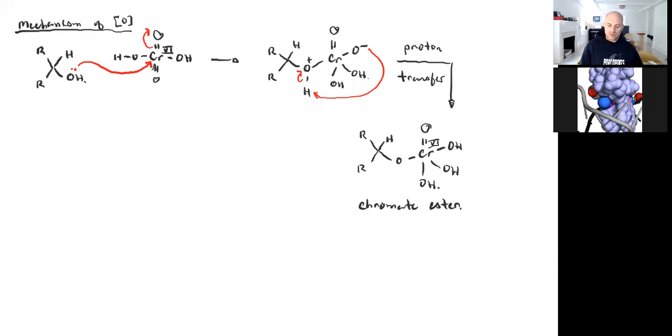The next step is when that oxidation occurs. And so what we say is that the chromium oxygen with the double bond attacks that hydrogen adjacent to the alcohol. You push electrons down, and then you push the electrons in the chromium oxygen bond towards chromium.